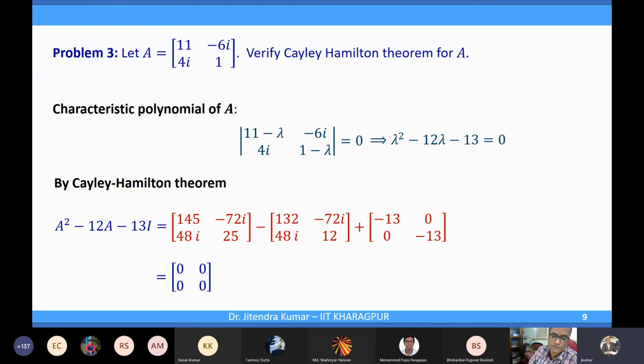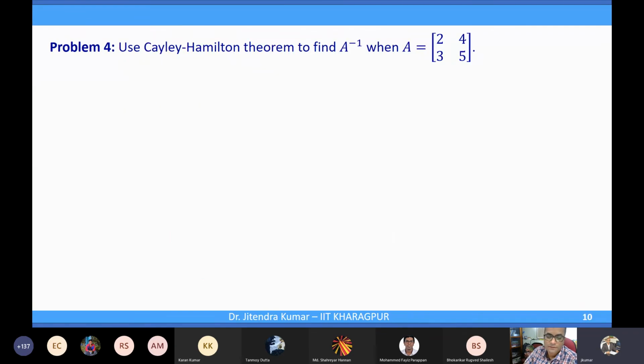There are some applications of the Cayley-Hamilton theorem, at least one we will see here: use the Cayley-Hamilton theorem to find A inverse for this A. It is just an example, but you can have many more.